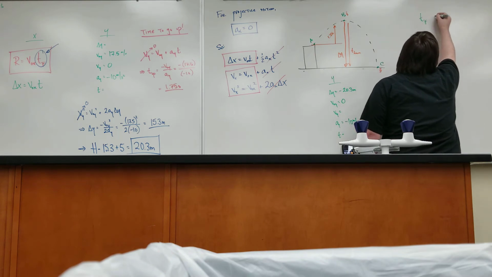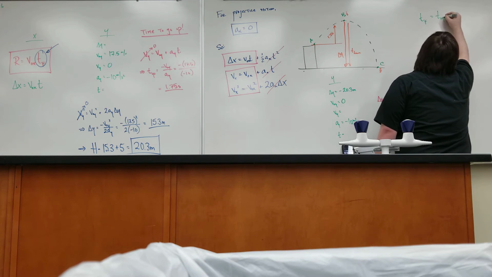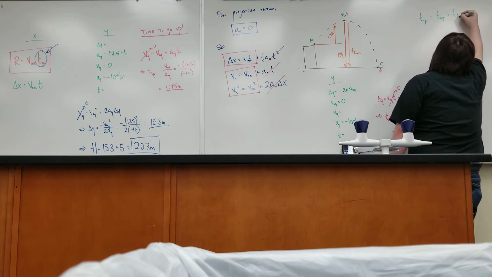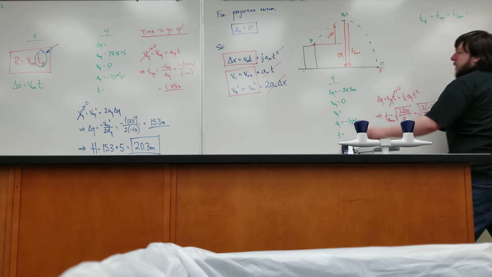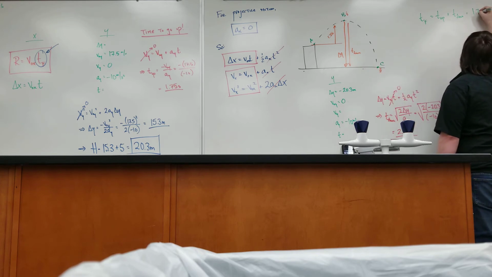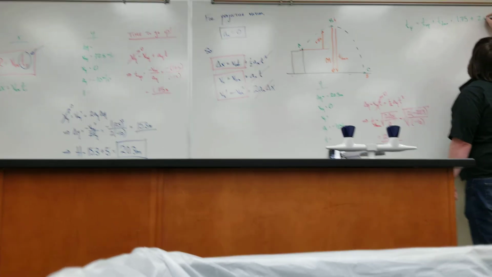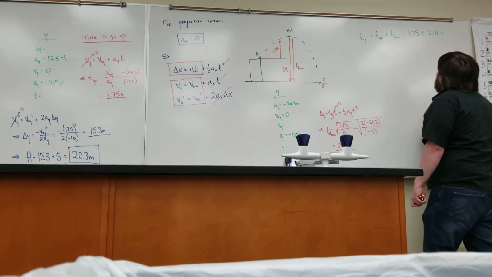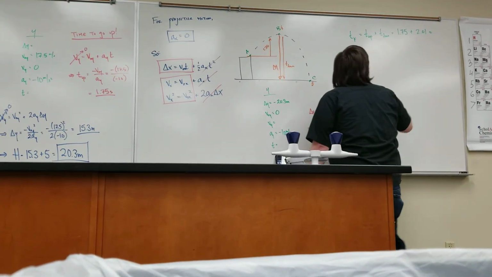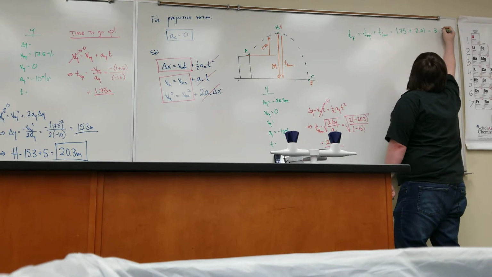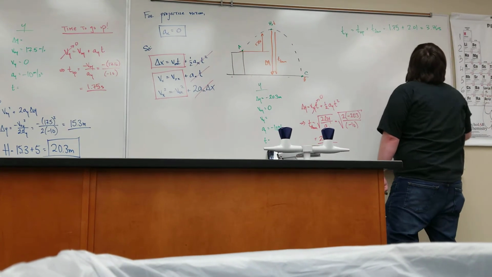The time of flight is the time up plus the time down. The time up is 1.75 seconds. Time down is 2.01 seconds. What, 3.76 seconds?